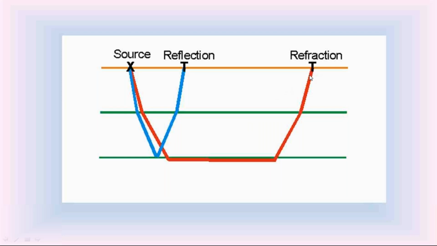That is called the refracted shock wave. We are using those refracted shock waves, not the reflected, from the ground level to study the properties of soil below the ground level. This is the main principle behind this seismic refraction method.